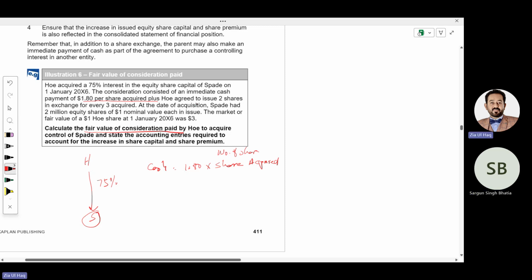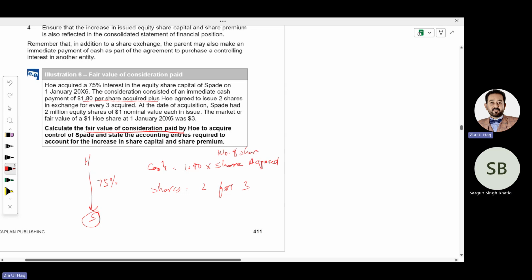H also agreed to issue 2 shares in exchange for every 3 acquired. Not only we are paying cash, we are also giving them our shares, 2 for 3. Against 3 shares, we are also giving them our shares.